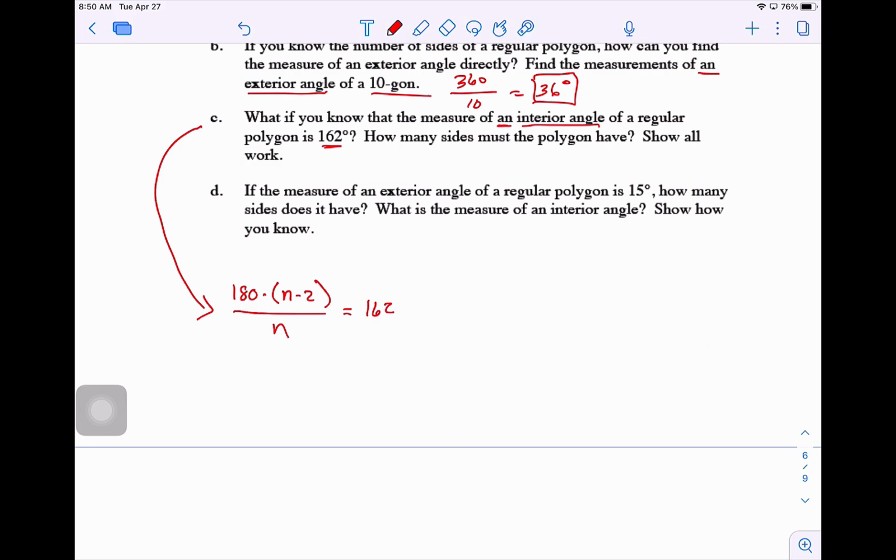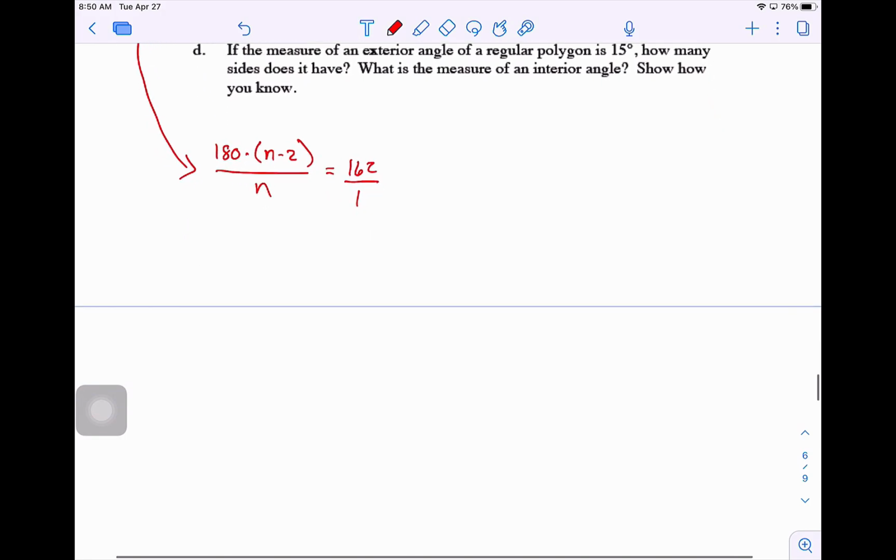To make this solving a little bit easier, so that you recognize it more, I'm going to write this as 162 over 1, and now you've got a proportion, which we've been solving since chapter 1. Okay? So now we can cross multiply to get an equation, and then solve that resulting equation. When I cross multiply the 162 times the n, we end up with 162n. When I multiply the other diagonal, I'm really just multiplying by 1.